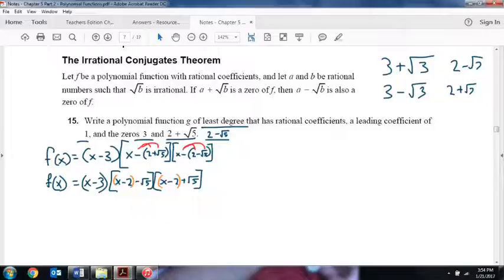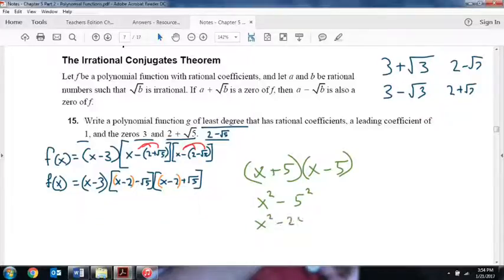With the difference of squares, if I have x plus 5 and I have x minus 5, when I multiply those out, I'm going to have x squared minus 5 squared. We're going to write it as a minus 25, but essentially it's the first one squared minus the second one squared. Okay? So that's what's going to happen here.